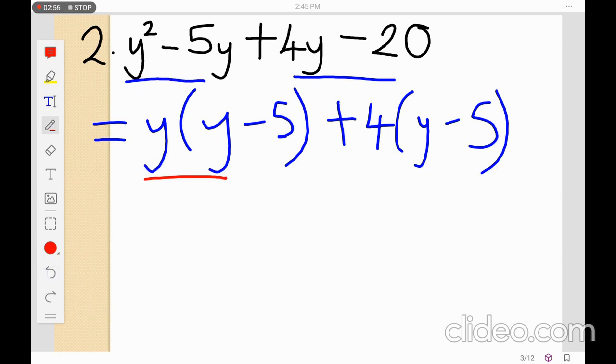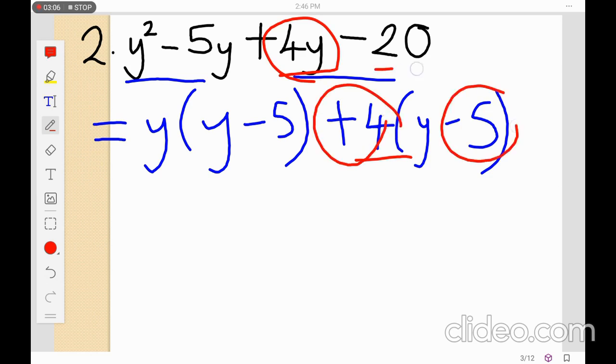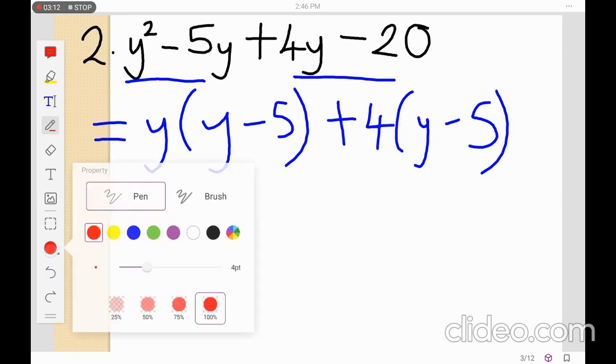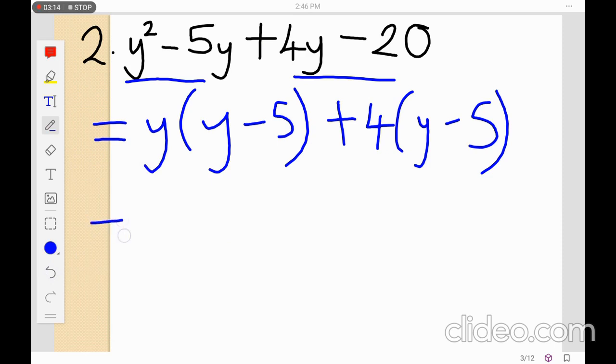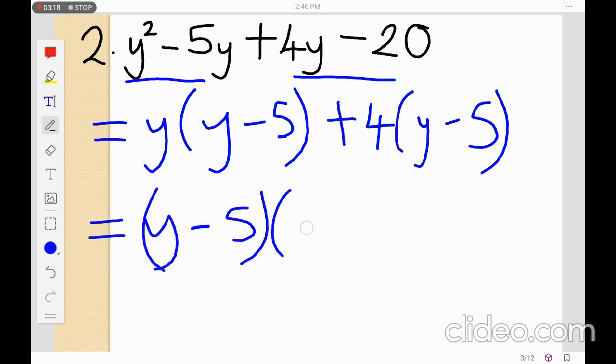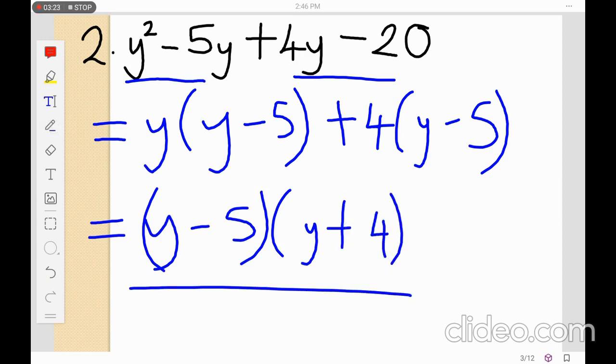It's the same for plus 4 times y, we should get 4y, and 4 by minus 5, we should get minus 20 there. That's basically what we are doing there. Now let's factorize and simplify this term. We will have y minus 5 and y plus 4. Okay, this is our final factorized term.